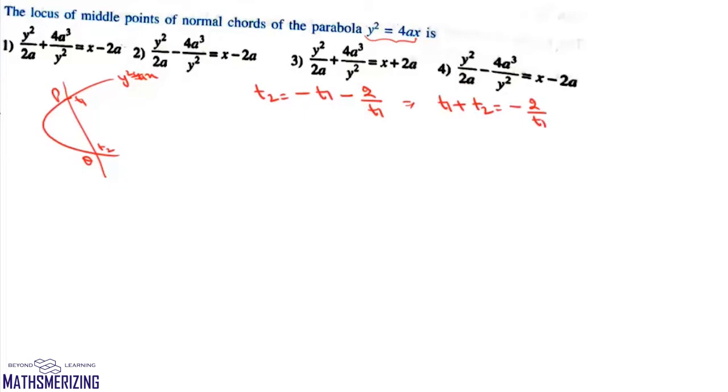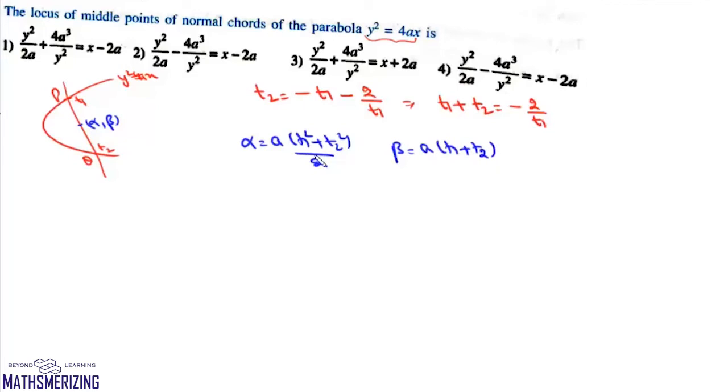Now we need to find the locus of the midpoint of this chord. Let the point be alpha comma beta. So alpha is a (t1 square plus t2 square) upon 2, and beta is a (t1 plus t2).